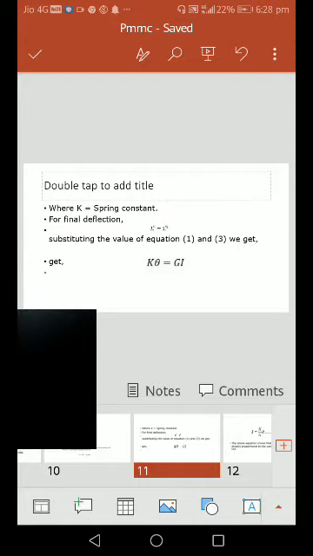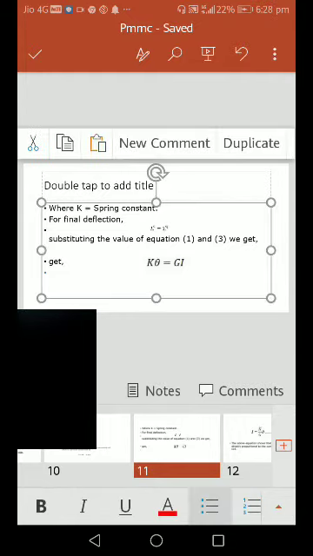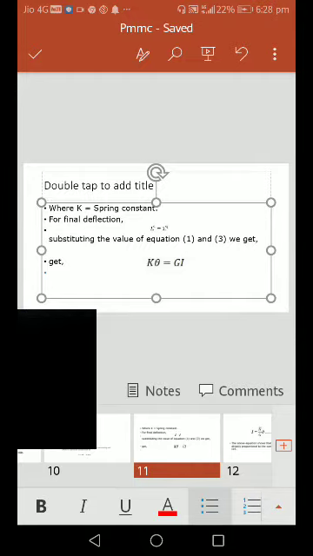K is the spring constant. For final deflection, Td is equal to Tc.